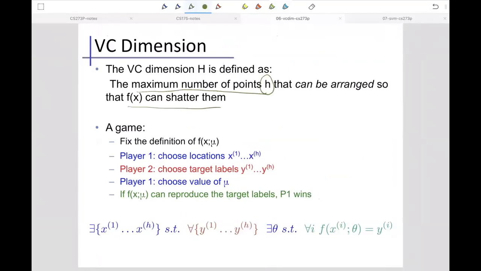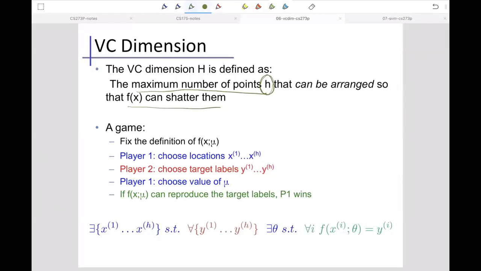The VC dimension only cares about the maximum number of points that can be shattered. And then you can choose any arbitrary choice of points. That will be left to you. You can choose whatever points you want, as long as you can demonstrate that this given set of points can be shattered by these models. And then you know that VC dimension is at least this number here.